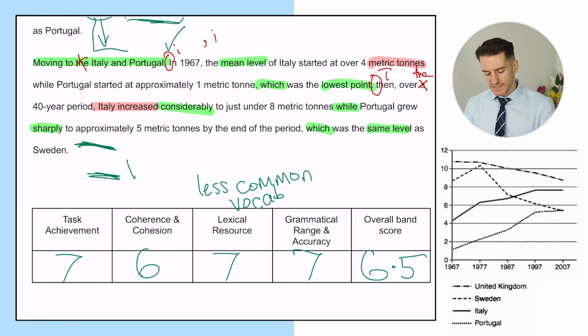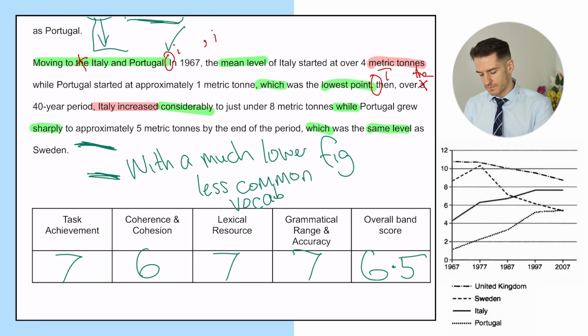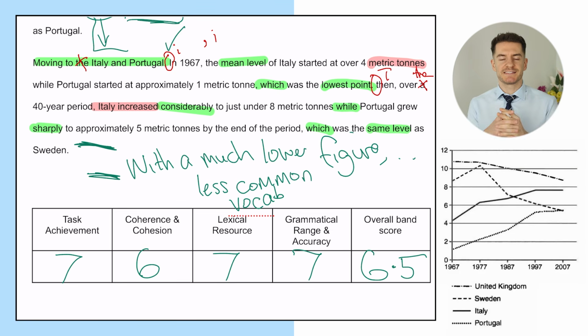Well, what you could say is something like this: with a much lower figure, comma, dot, dot, dot. This is a really nice way to link things together. And it's also making a comparison at the same time. Okay, a lower figure. So I think we'll leave it there for today. Nice writing by our student, but for next time, they should focus on their coherence and cohesion.